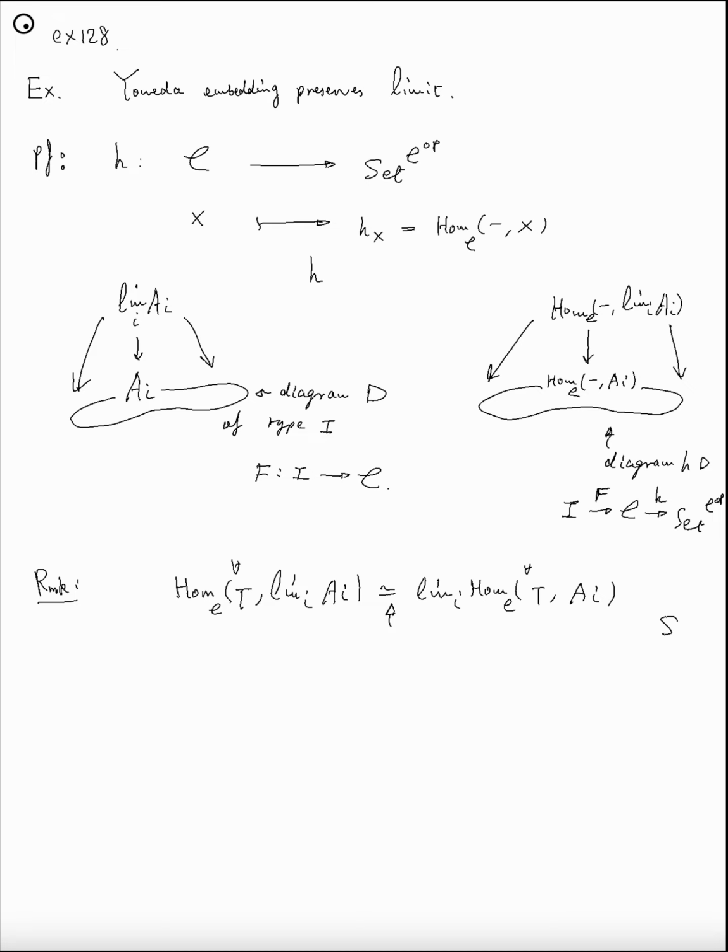Both sides are in the category of sets, and this is a bijection. I call it a remark or fact. This is by the property of limit. We know in the category of sets the limit exists, and here we know that the limit of A_I exists. This is by our assumption, and so we have this.